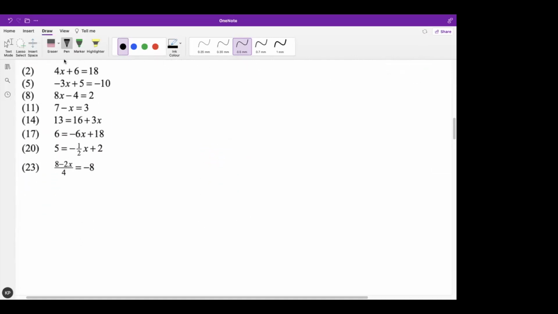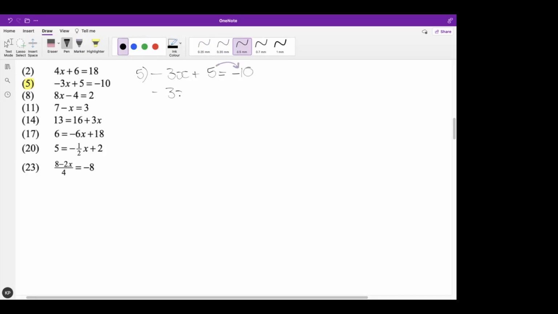So in this case, I am going to do 5 with us. We're going to do 5 together. And then I'm going to tell you which ones you guys are going to do on your own. So let's look at 5. 5 says negative 3x plus 5 is equal to negative 10. I want my x on its own, which means my first step will be to move this 5 over. Nice, Alice.